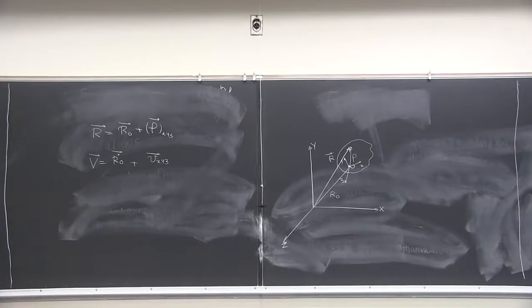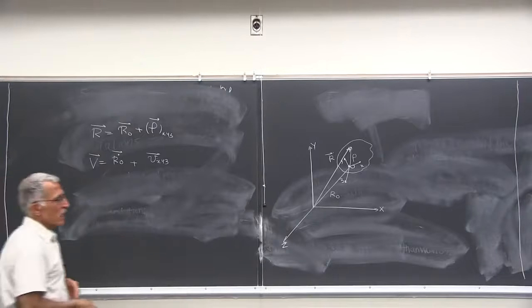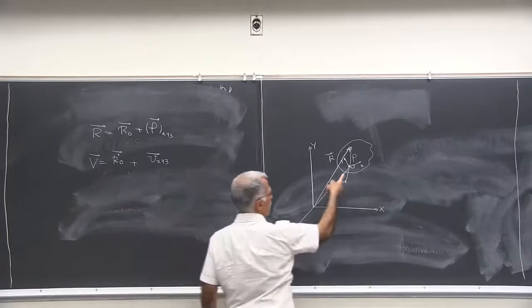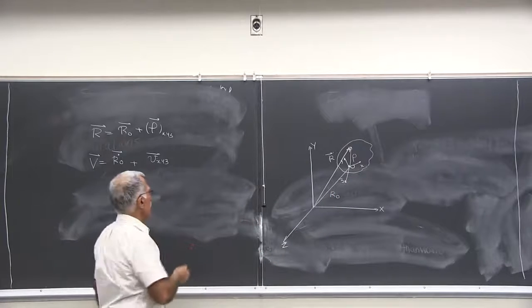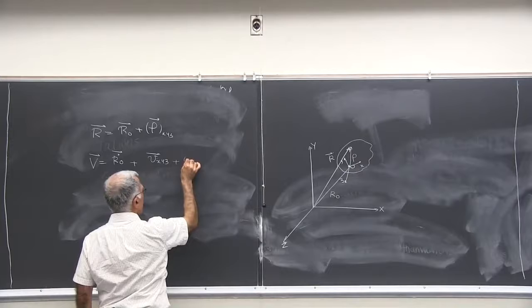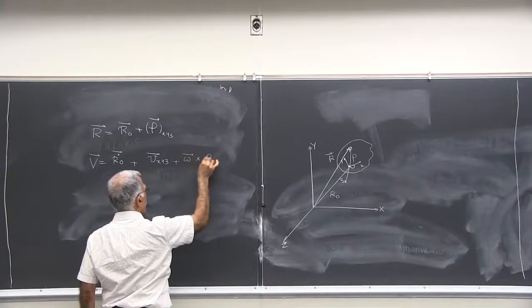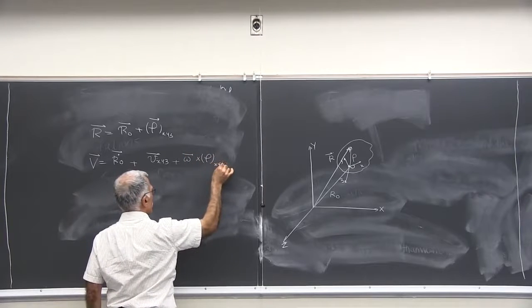But if the car is tumbling and rotating, then this auxiliary reference frame is rotating as the car is tumbling. Then you have omega times rho_xyz.